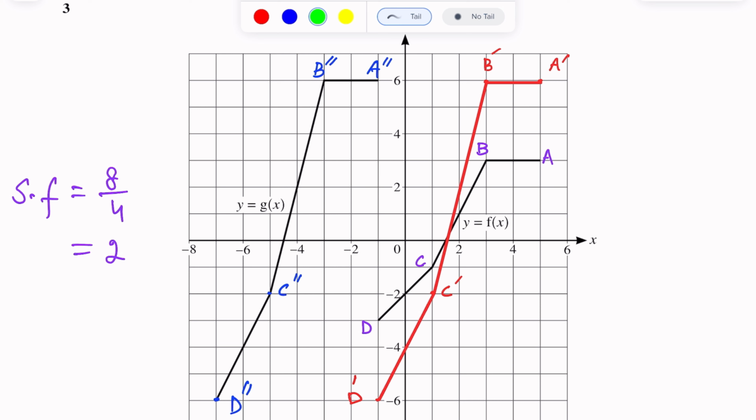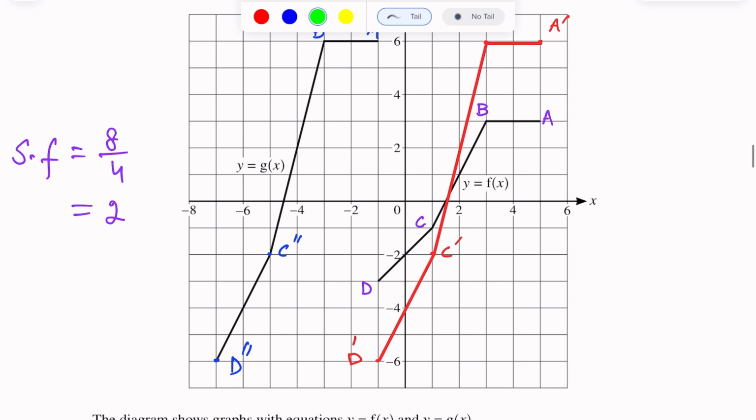now we have to describe the matrix. The corresponding coordinate of A dash is A double dash, so these are 1, 2, 3, 4, 5, 6. Each point of this figure A dash, B dash, C dash, D dash will be translated to the left side 6 units. So the matrix will be (-6, 0).